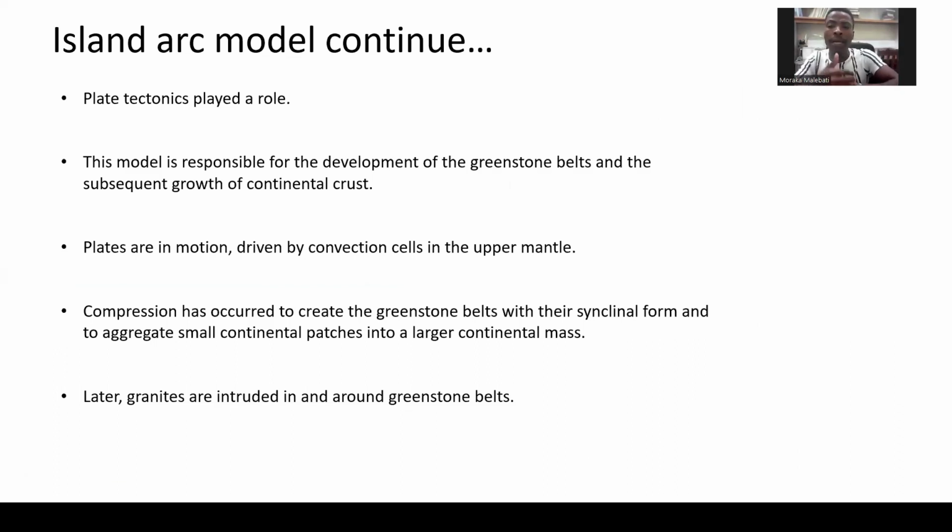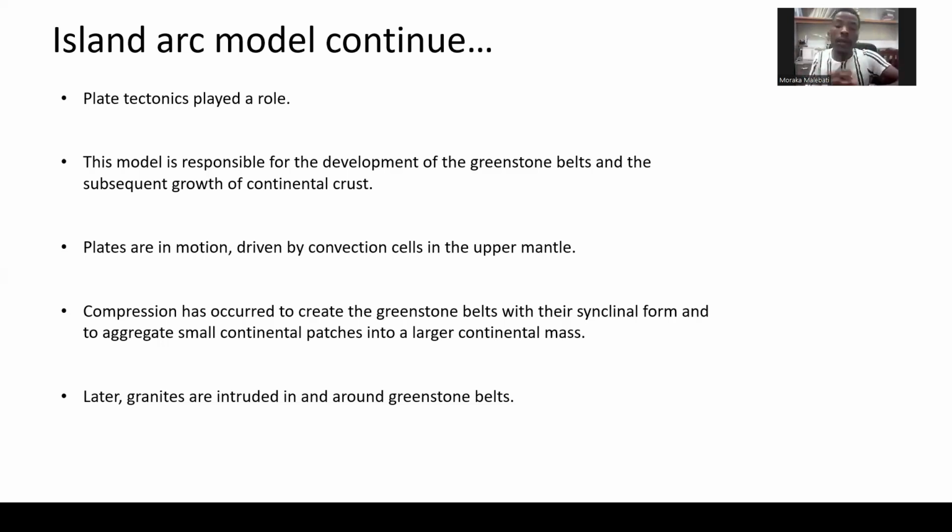And those microcontinents would need to grow, and they would grow due to the attachment.